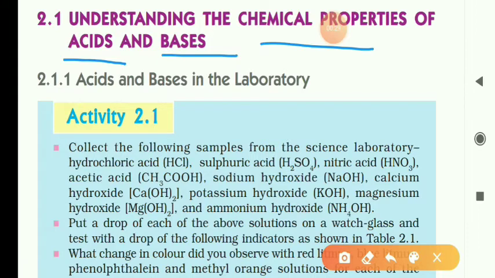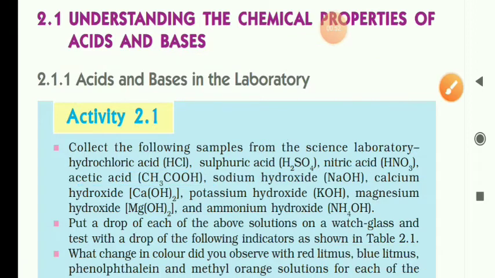So dear students, collect some samples from the laboratory like hydrochloric acid HCl, sulfuric acid H2SO4, nitric acid HNO3, acetic acid CH3COOH. These are all acids.